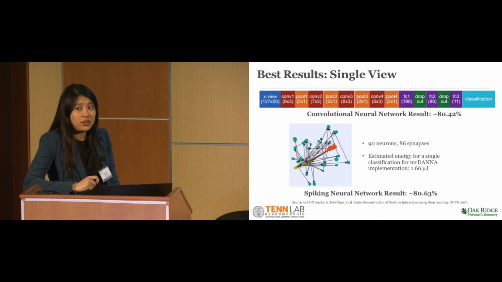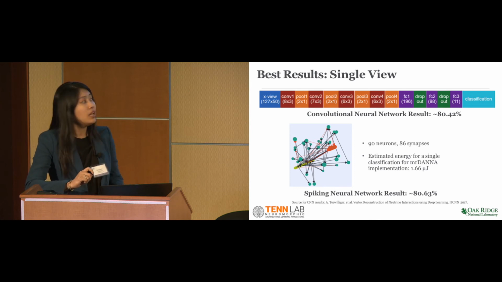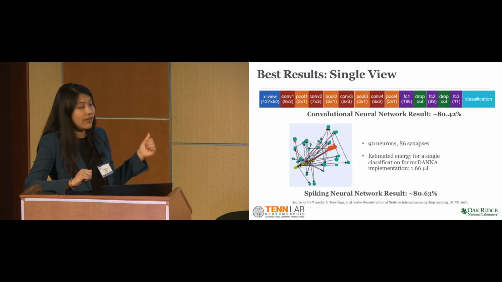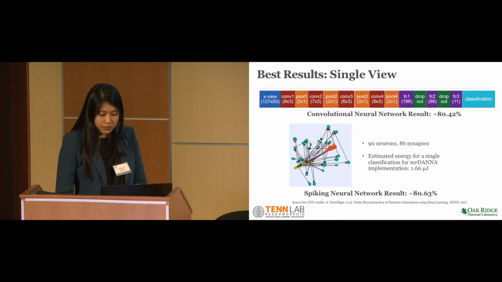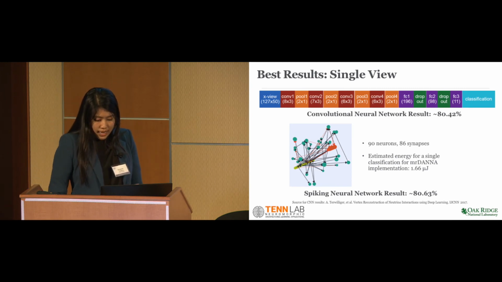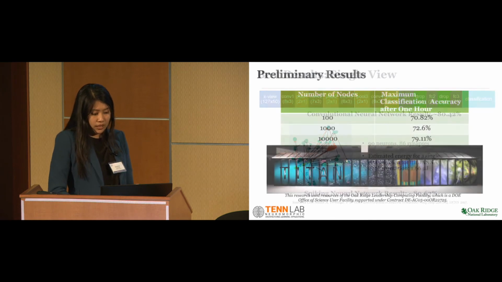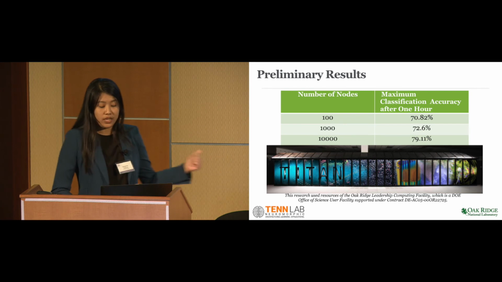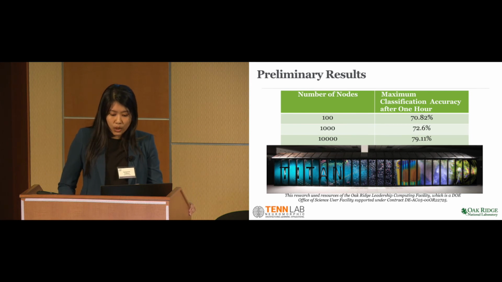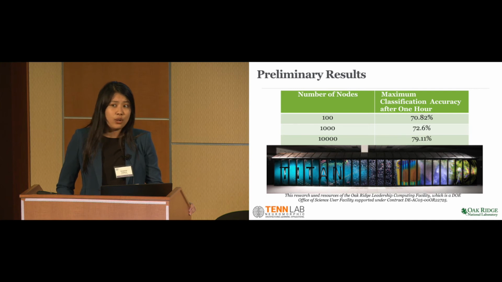We have also tried to get the energy estimation using our memristive DNA architecture, which is around 1.66 microjoules. The interesting thing to note here is about the EONS framework. This is a genetic algorithm, so it's very slow in convergence.